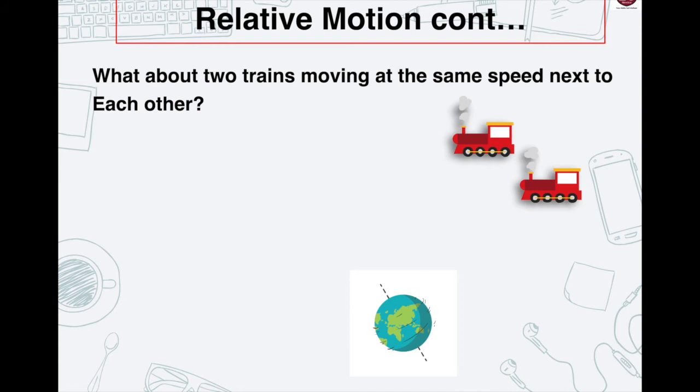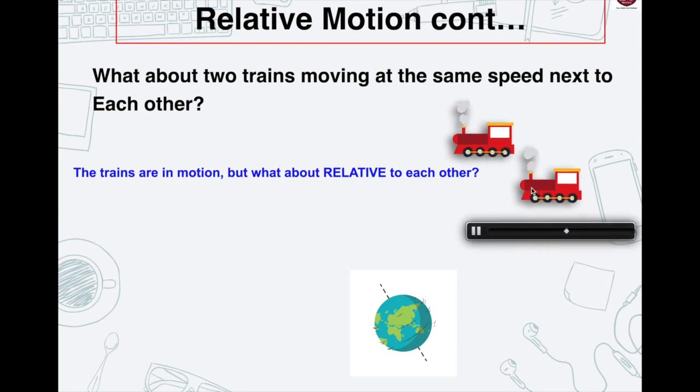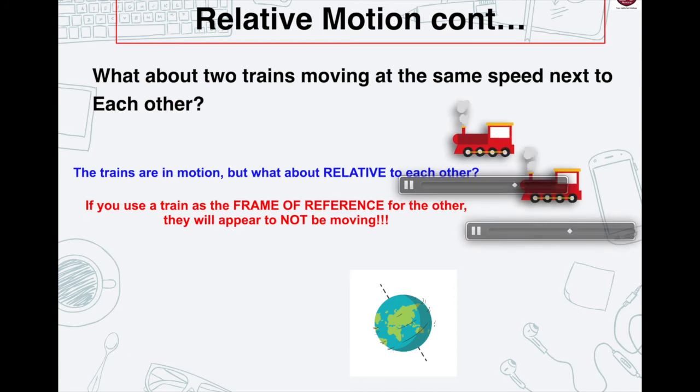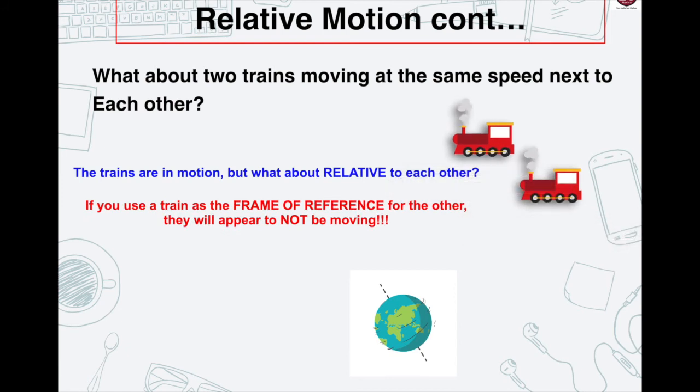This is because the trains are in motion, but they are only relative to each other. So there's no other frame of reference. The only frame of reference this train has is the train next to it. So if you use the other train as a frame of reference, they appear to not be moving or not in motion.